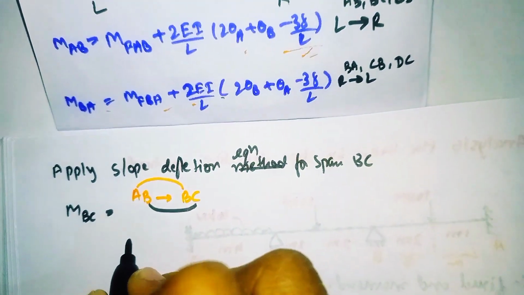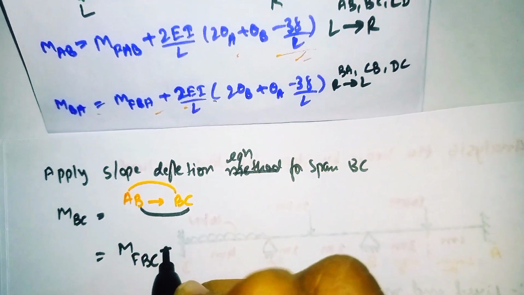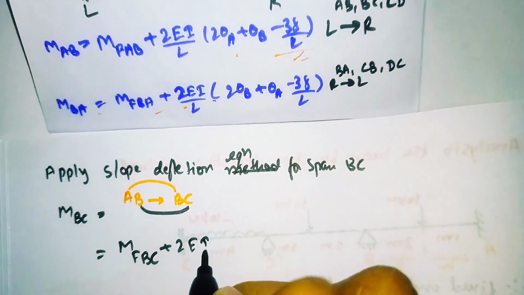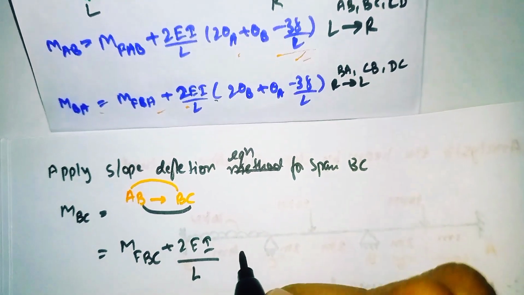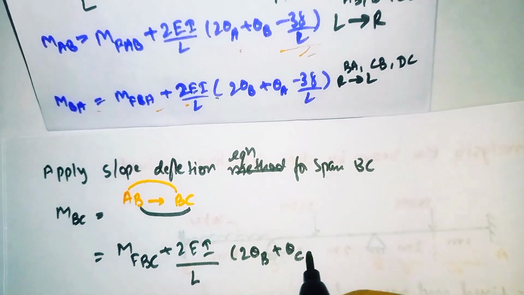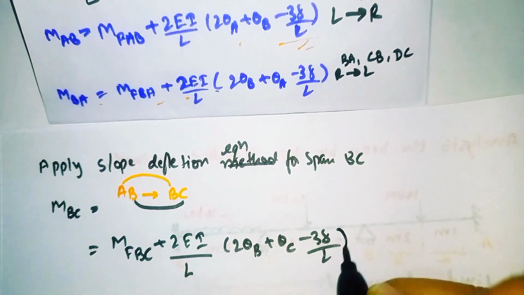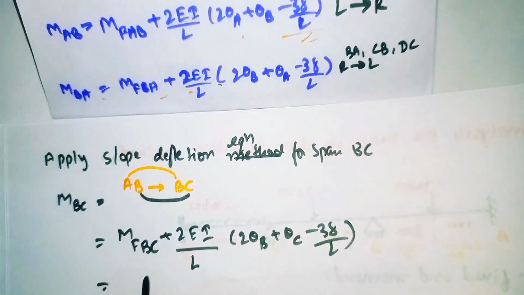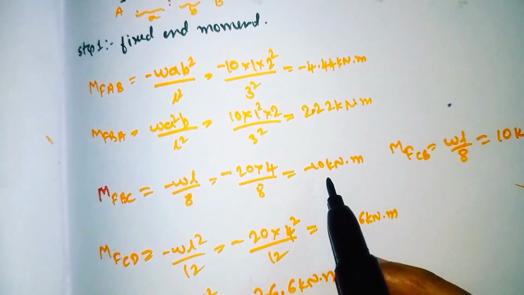So MBC is equal to MFBC plus 2EI divided by L times (2 theta B plus theta C minus 3 delta divided by L). Our MFBC value we got was minus 10.